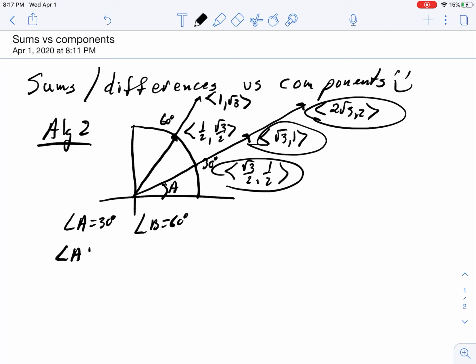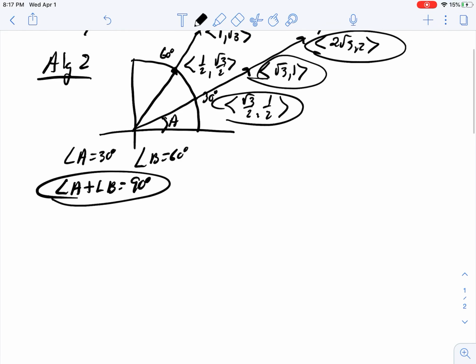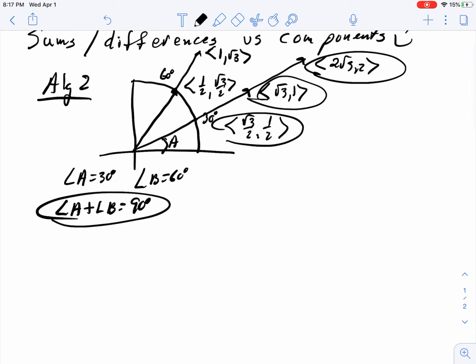Therefore, angle A plus angle B is 90 degrees. We know that because we are given those. And at 90 degrees, the components would be 0 comma 1, or any multiple of that.